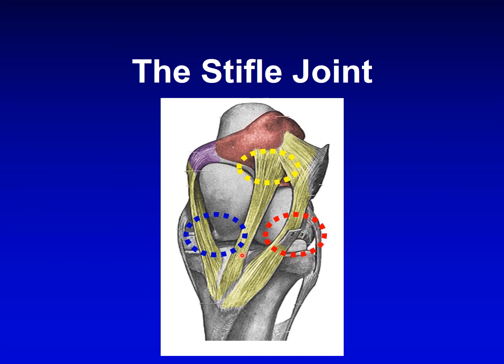I cannot inject the other one and hope that the medication is going to go to the other compartment, because they do not communicate. So the medial and the lateral compartments of the femorotibial joint do not communicate.